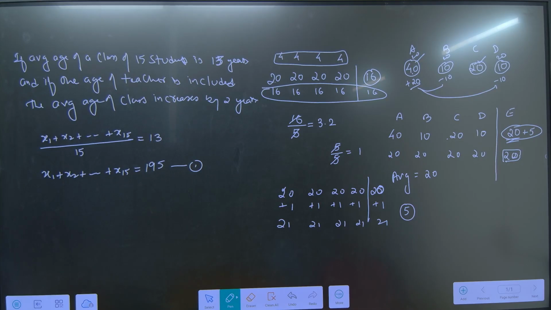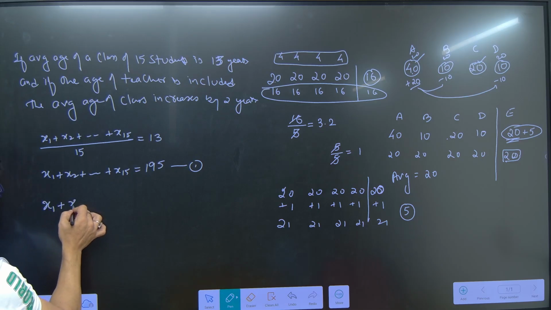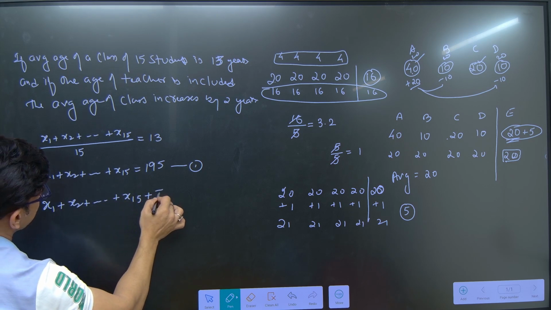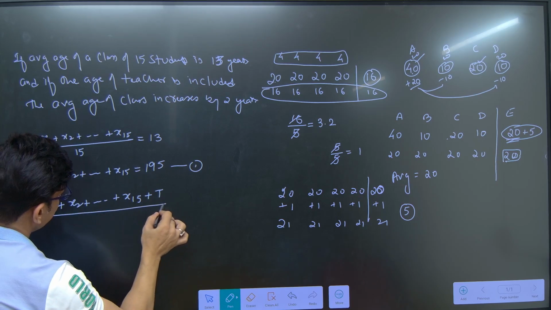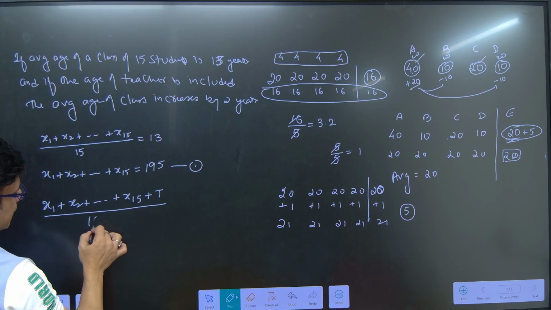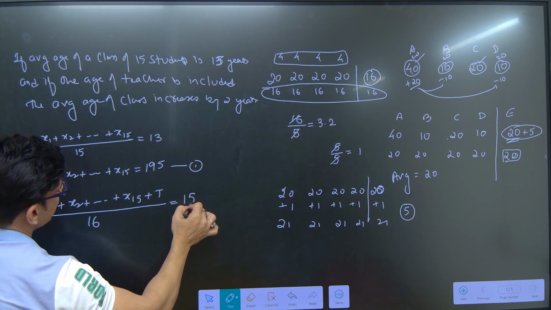Now, when the age of the teacher is included, we are adding the teacher's age: x1 plus x2 plus up to x15 plus the teacher's age, right? Now, how many people are there? 16. And the average increases by 2 years, so now it will be 15.